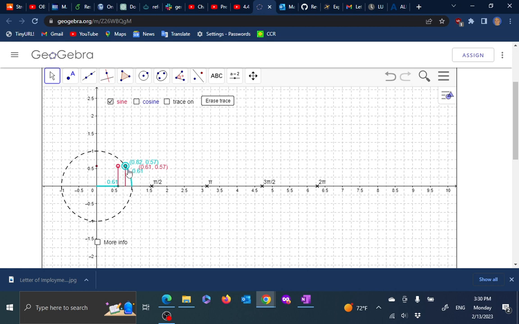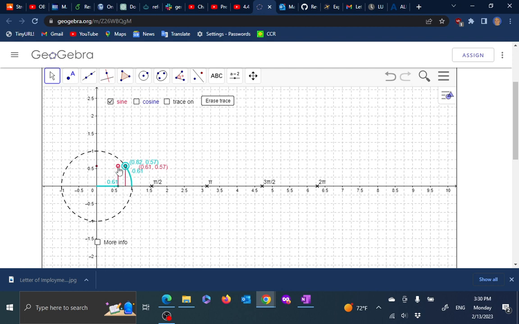That's the length of the string we are putting on the circle. We are taking that and putting it horizontally on the x-axis. What is this red line? This red line represents the sine of theta. Theta itself is this teal color, and this red one is the sine of that angle.